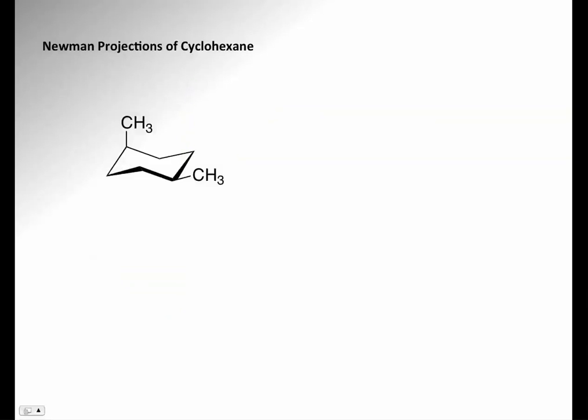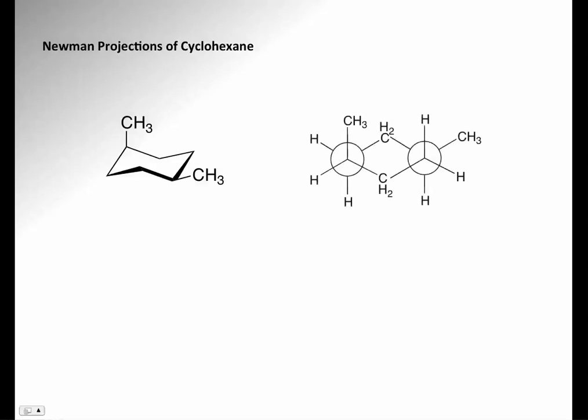Alright, so why exactly are chair conformations a lower energy state than a boat conformation of a cyclohexane? An easy way to visualize that is using a Newman projection. If we look down these two carbons, carbon 1 and carbon 2, this is our eyeball right here.